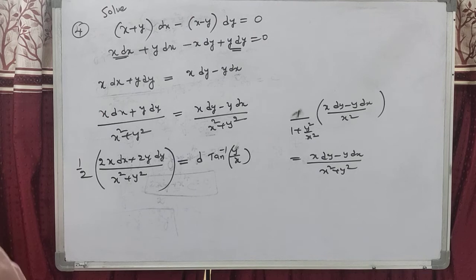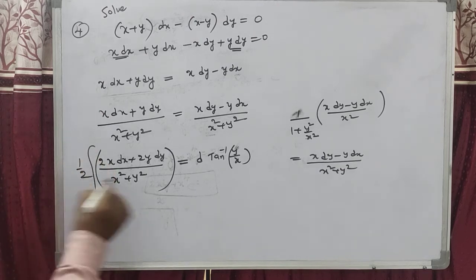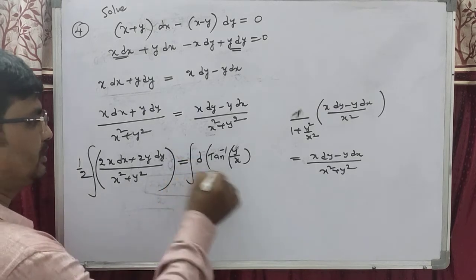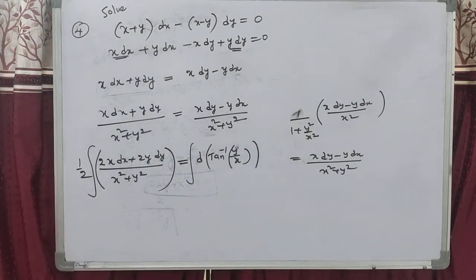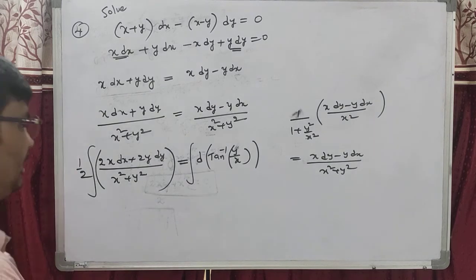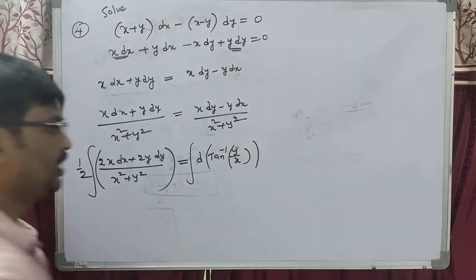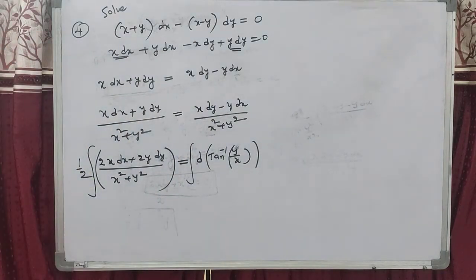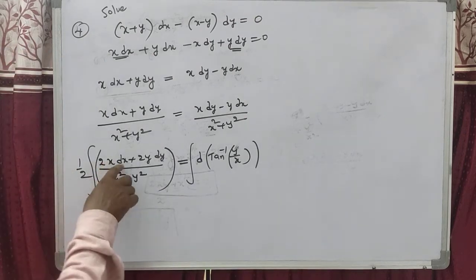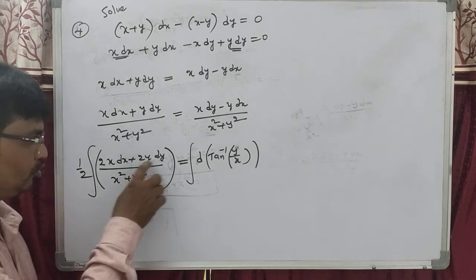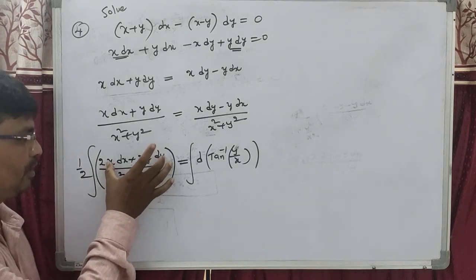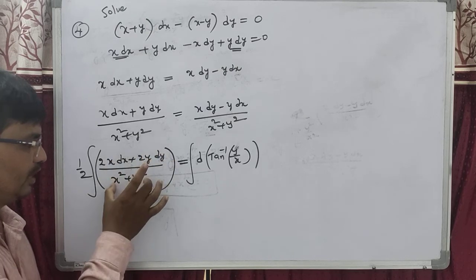My dear students, now we can apply the integral on both sides. Now what do you observe, dear students? The left hand side is in the form of f dash of x by f of x.